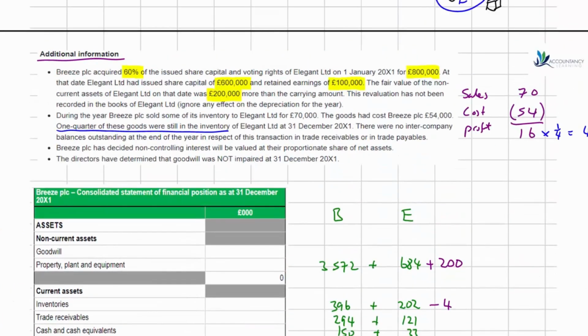Right, so we've done our double entry for that. So I can highlight all these numbers now, we've made the debit and the credit. It's also telling us there were no intercompany balances outstanding at the year end in respect of this transaction in the trade receivables and payables.